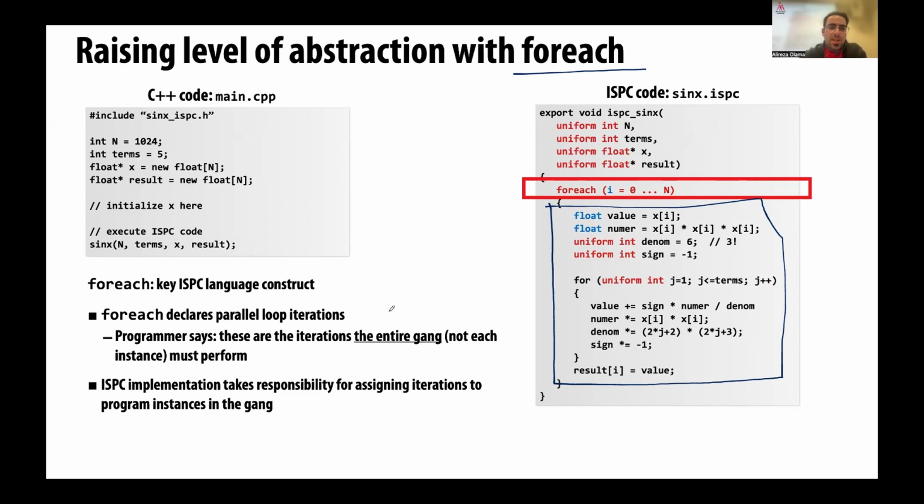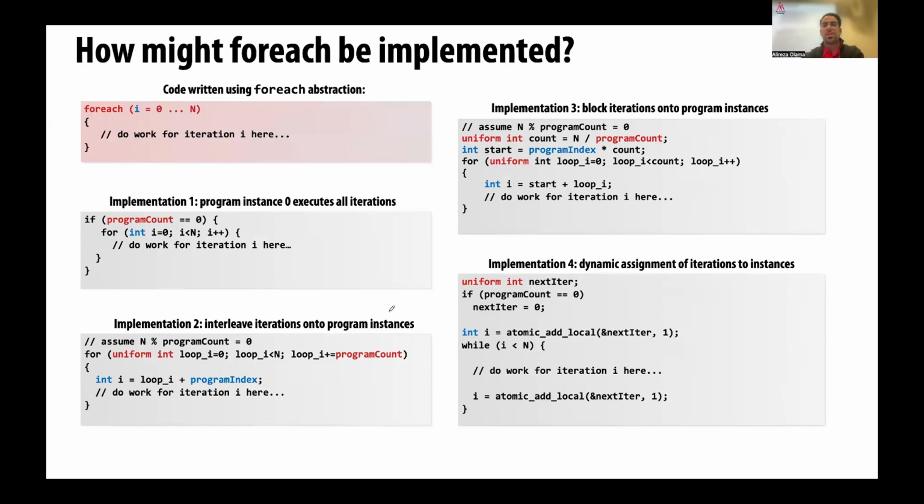And then it might have very different implementations depending on the ISPC implementation. So it can be completely serialized, depending on the system, or it can implement interleaved iterations, or it can use block assignment, or implement some sort of dynamic assignment.